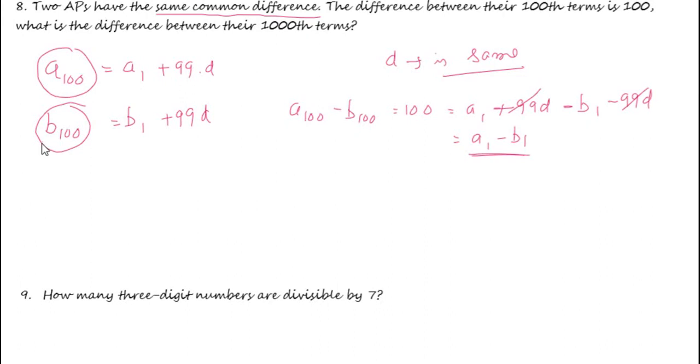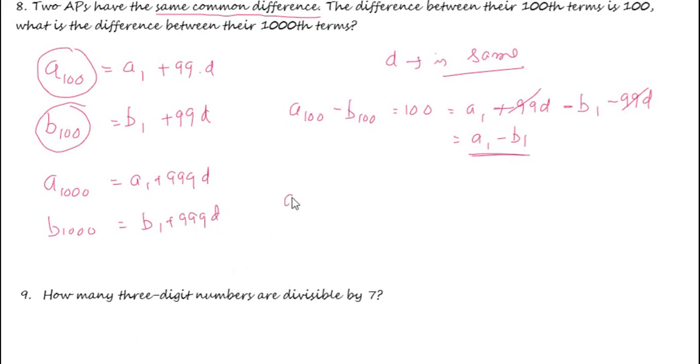Now let us find out the 1000th terms of each AP. A1000 equal to A1 plus 999D. B1000, the 1000th term of the B series, is B1 plus 999D. You need to find out the difference of these.